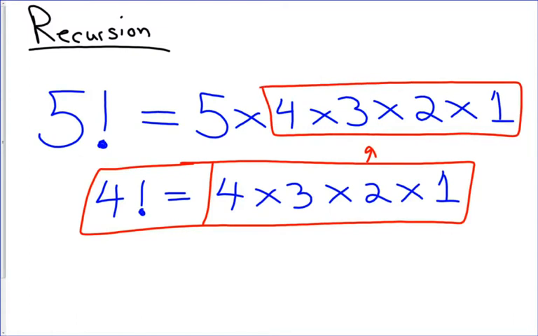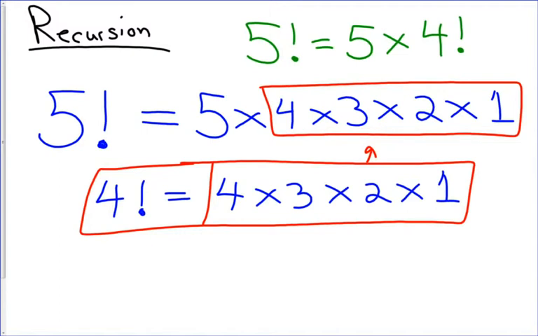Notice how that's the same? So in other words, another way we could have written 5 factorial is 5 times 4 factorial. It would have meant the same thing, right? Because that's what 4 factorial is, and so therefore it fits into the equation.